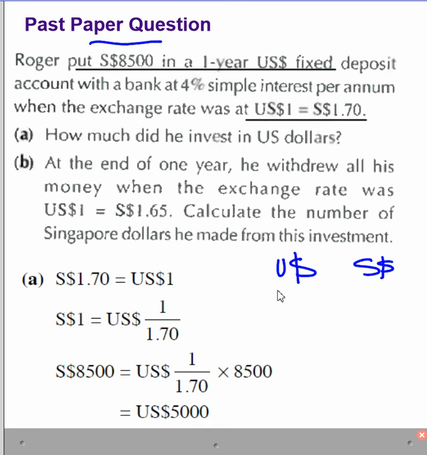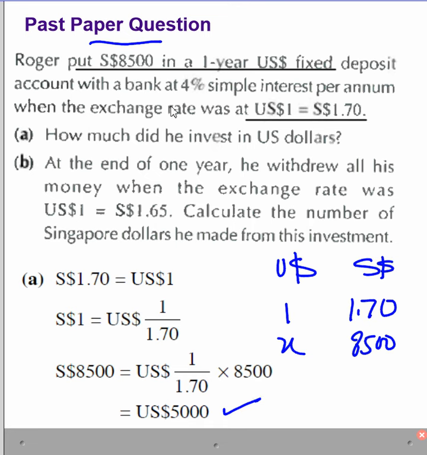And if you write 1 here, 1.70 here, and this is 8,500 and this is x, cross multiply straight away. Makes sense? Okay, so you will get how much investment he made in US dollar, which is 5,000.